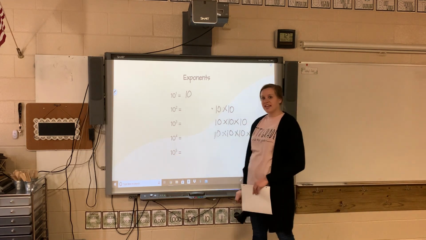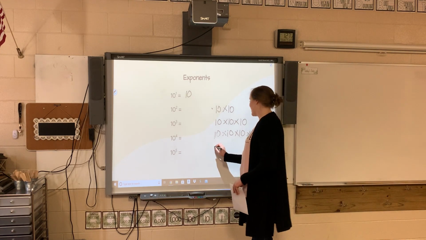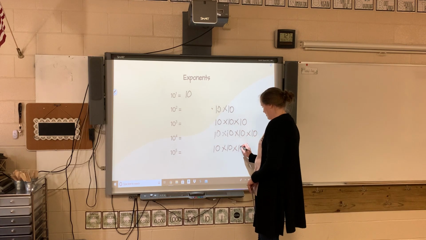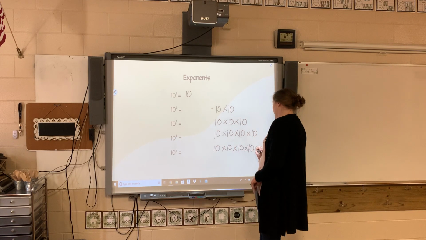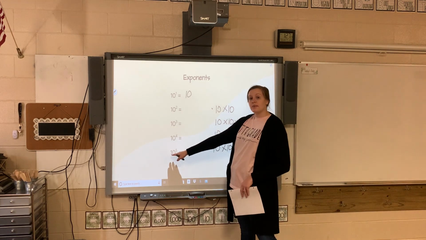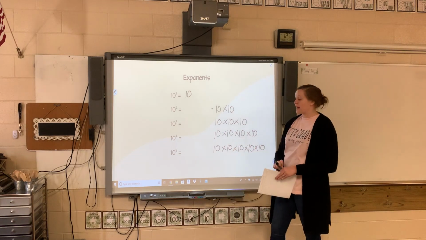The 5th power of 10, how many times are we going to multiply 10? 5, that's right. 1, 2, 3, 4, 5. So just remember, your base tells you the number you're multiplying, and your exponent tells you how many times you're going to multiply that number.